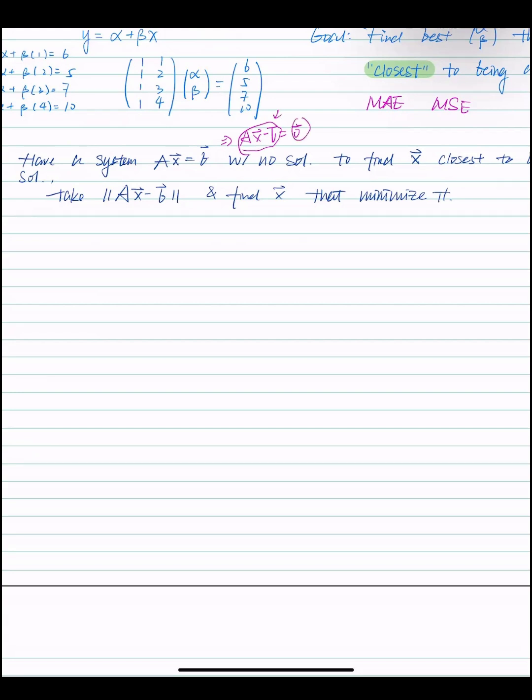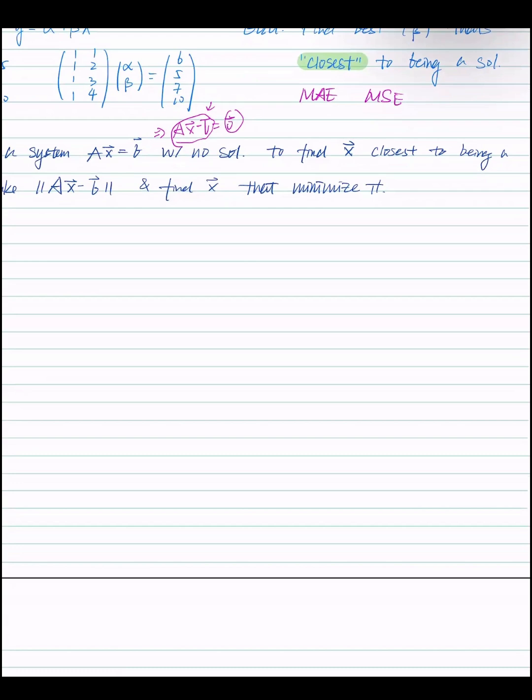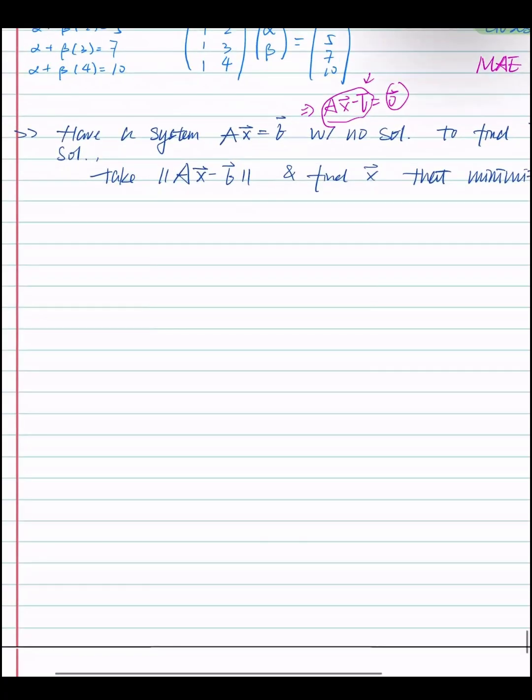And we know the length of 0 is just 0. So we want this to be closer to 0. And we know the norm is non-negative, so closer to 0 means minimize it. So then what we really want is to minimize the norm of Ax minus b squared.